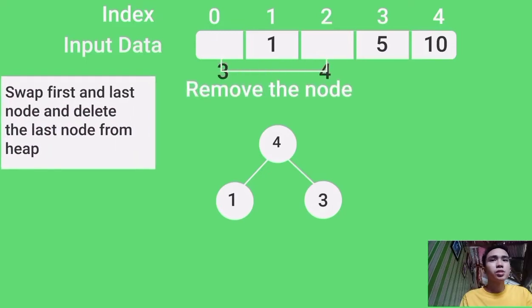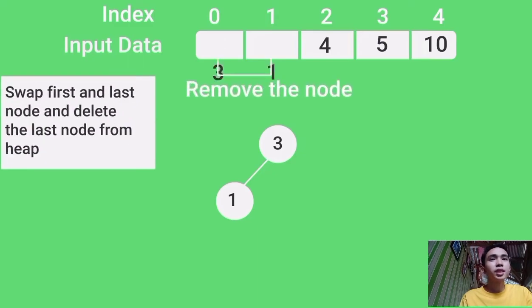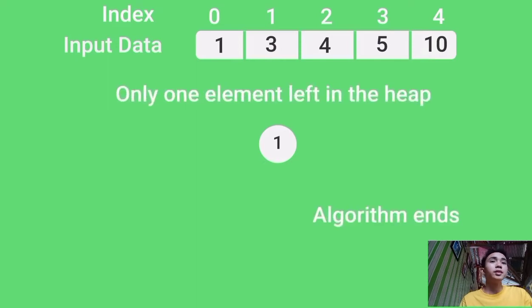Swap the first and last node and delete the last node from the heap. Again, swap the first and last node and delete the last node from the heap. And there is only one element left in the heap.